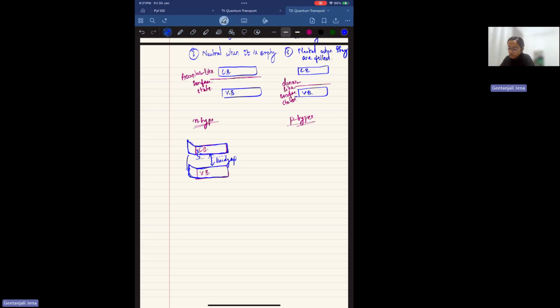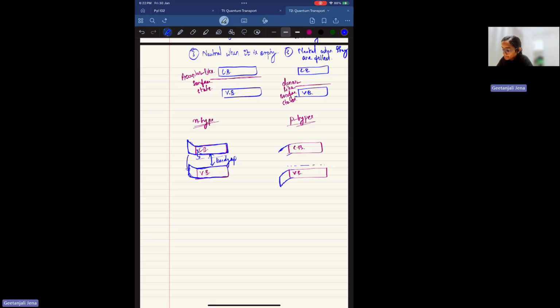Now for the P-type, the situation is totally opposite to the N-type one. The surface state is closer to the valence band and it is donating the electron to the valence band. These are the conduction band. Because these states are accepting electrons, they will bend down.